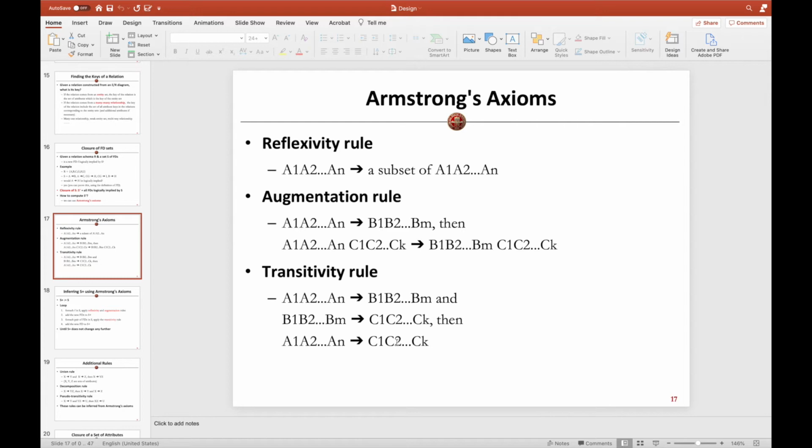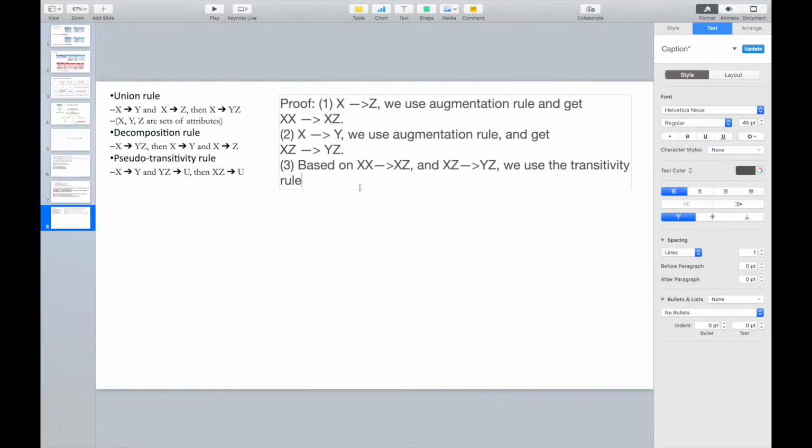By using the transitivity rule on the existing two FDs, we can get XX implies YZ. What is XX?